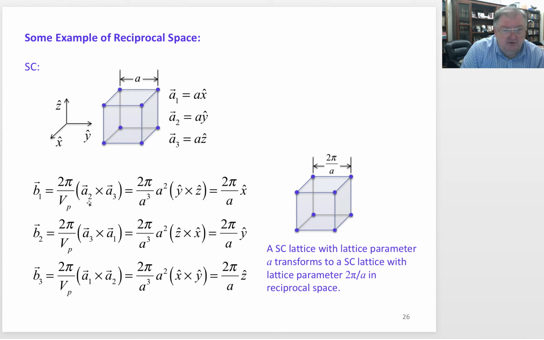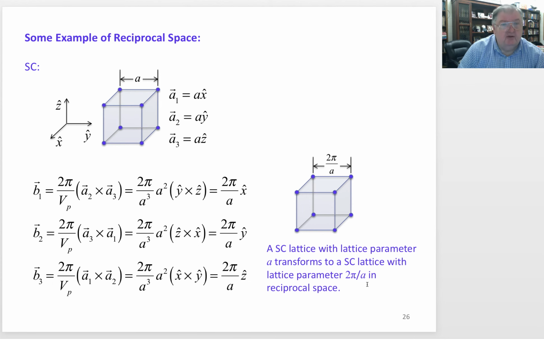Again, just take for b1, a2 cross a3, and divide by the volume, which is a cubed, and multiply by 2 pi. b1 is 2 pi over a times x, a unit vector in the x direction. b2, 2 pi over a, unit vector in the y direction. b3, 2 pi over a, unit vector in the z direction. So, a simple cubic lattice with lattice parameter a transforms into a simple cubic lattice with lattice parameter 2 pi over a in reciprocal space.